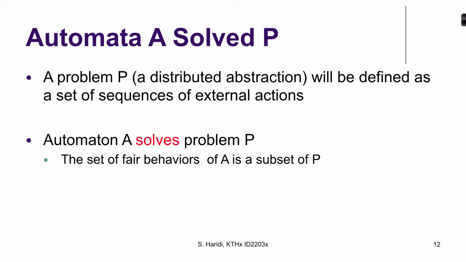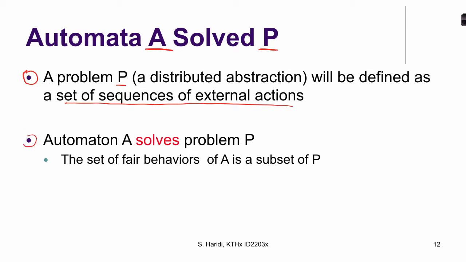So given a problem P, if we design an automaton A, we want to ask ourselves, what does it mean for an automaton A to solve the problem P? A problem, which is a distributed abstraction, will itself be defined by a set of sequences of external actions. Of course, you describe this set by properties, and we will see that later.